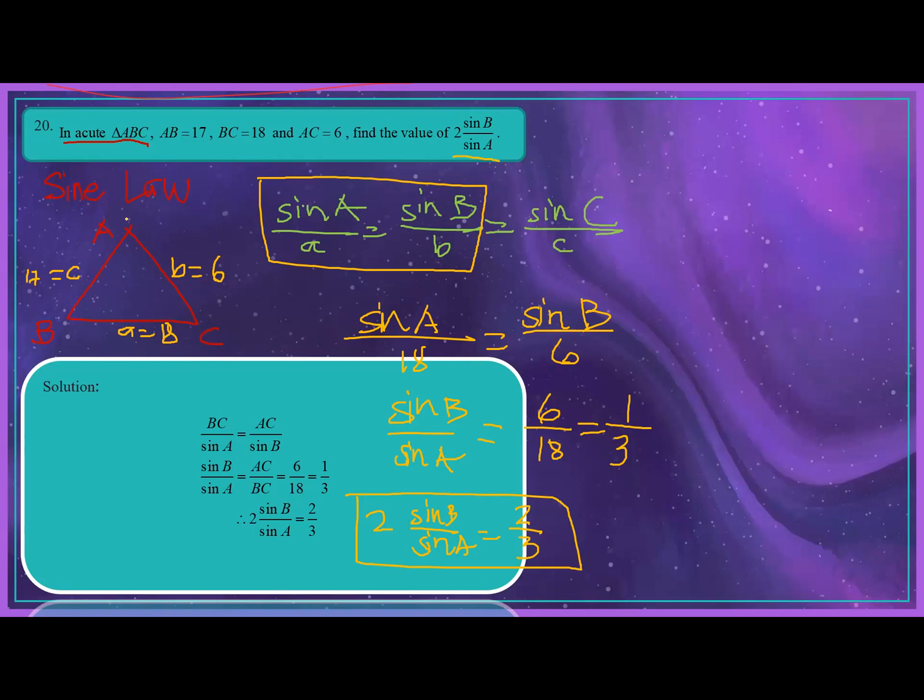So again, the side small a is opposite of vertex big A. Everything for B and for C is the same. Okay, and you do the ratio and solve what's asked. So if there is no question, let's proceed.